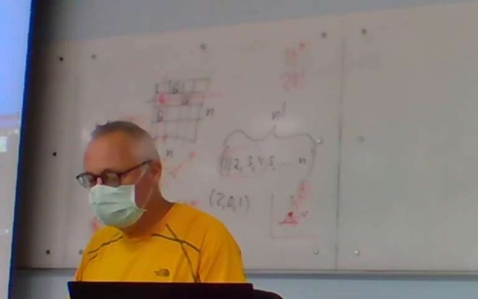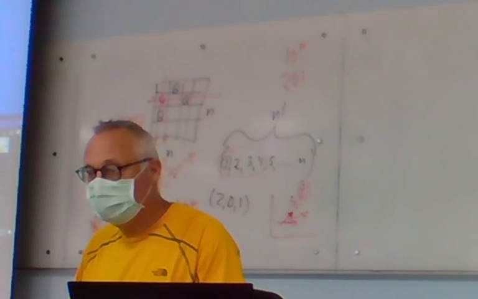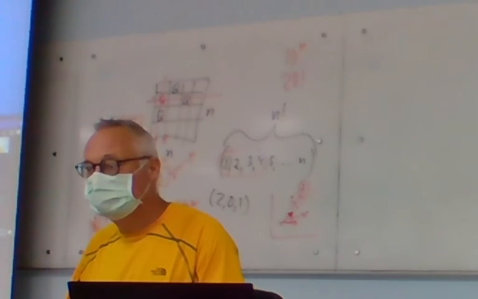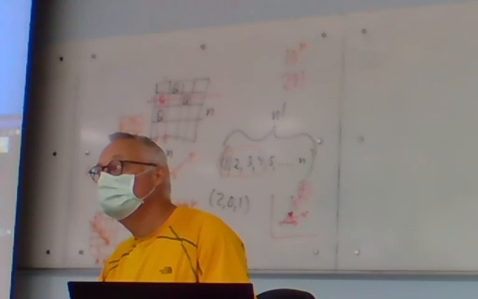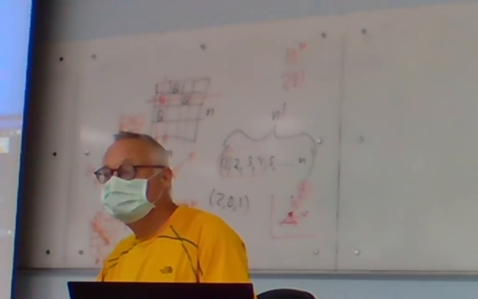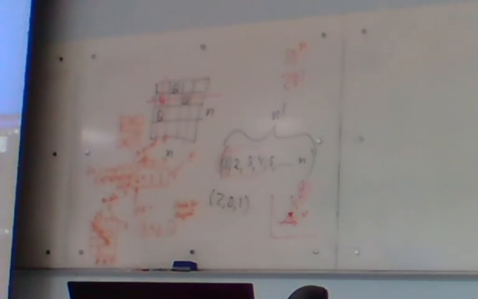And what do we know about the Fibonacci sequence? It's generated by first two entries are 1, 1, and then the next one is the sum of the previous two. We add them together.